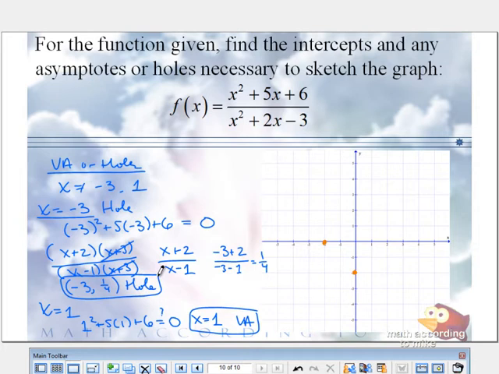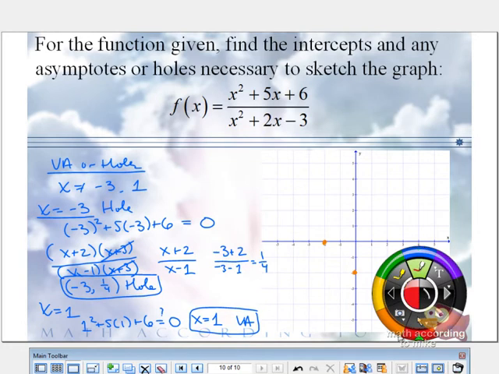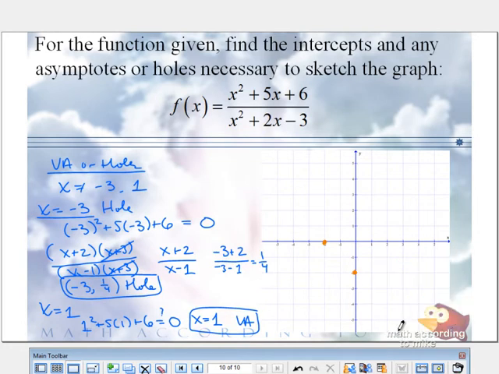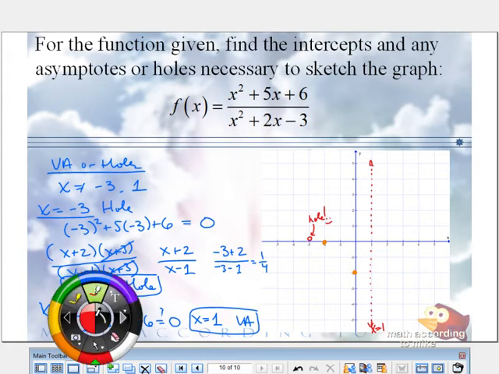So I'm going to put that on the graph. We have a vertical asymptote at positive 1. And we have a hole at -3, positive 1/4. So about right here. Boop. Hole. Look how happy that is. Like everyone in the class right now.